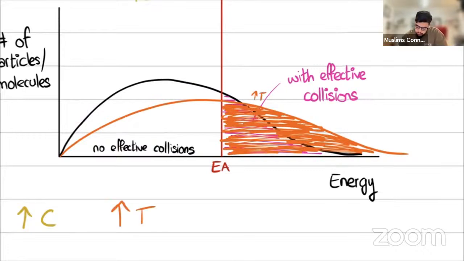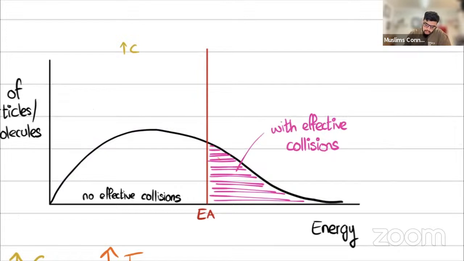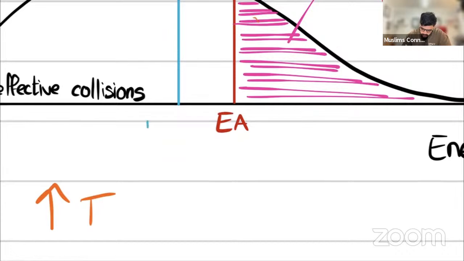Now let's look at the catalyst. Adding a catalyst simply decreases the activation energy. So it moves this line to the left, to a lower value. So this new line is the activation energy with a catalyst.